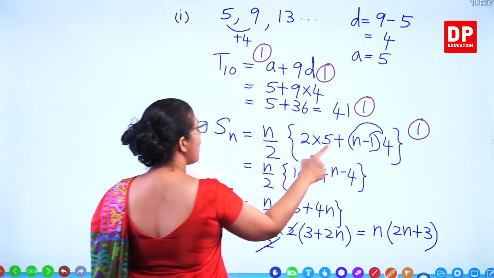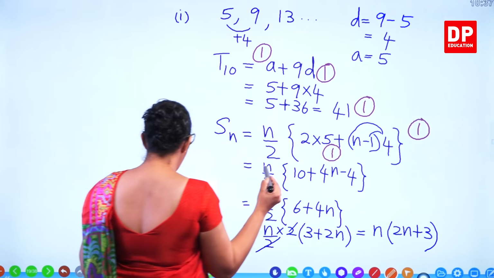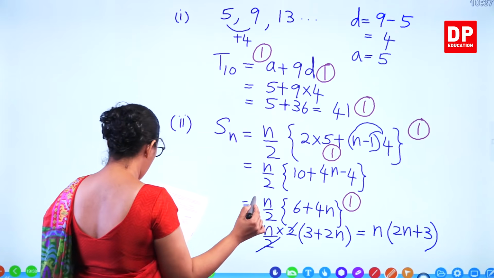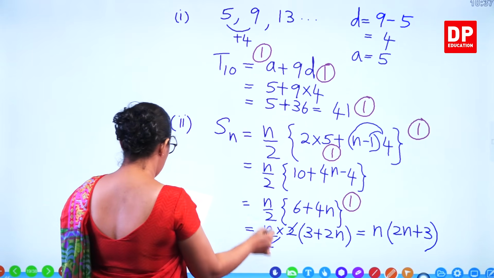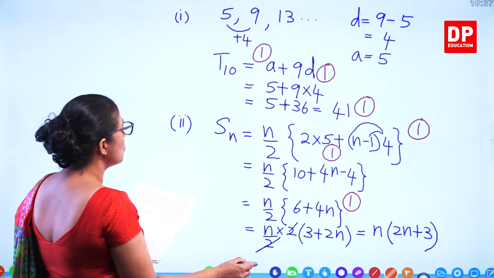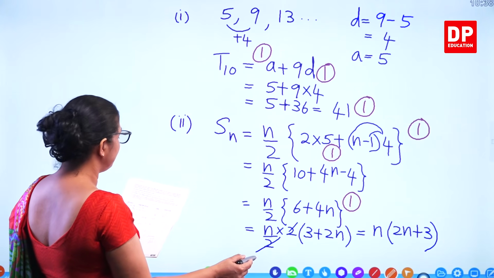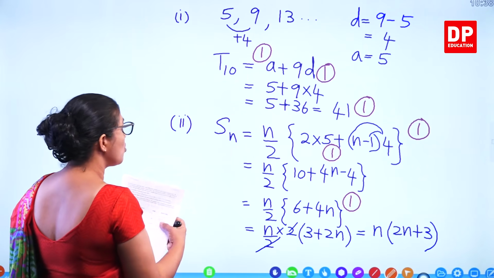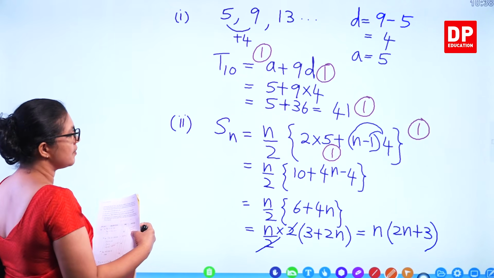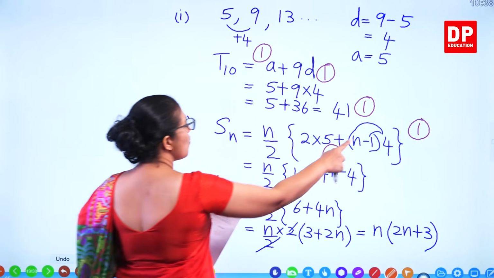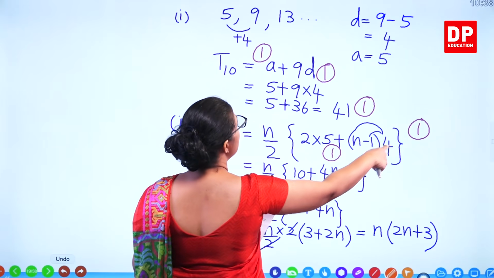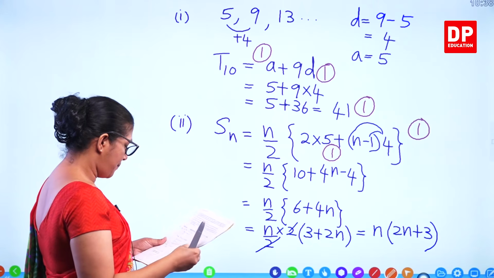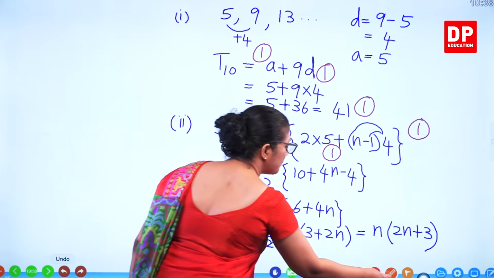And substituting 5 and 4 here, 1 mark. And simplifying, 1 mark and getting the answer. So here, just 2 marks there, 1 mark, 1 mark. So that's only 2 marks, not 3 marks. 1 mark, and here these 2 for the whole thing, and 3 marks, altogether 5 there. Now we'll take the next step.